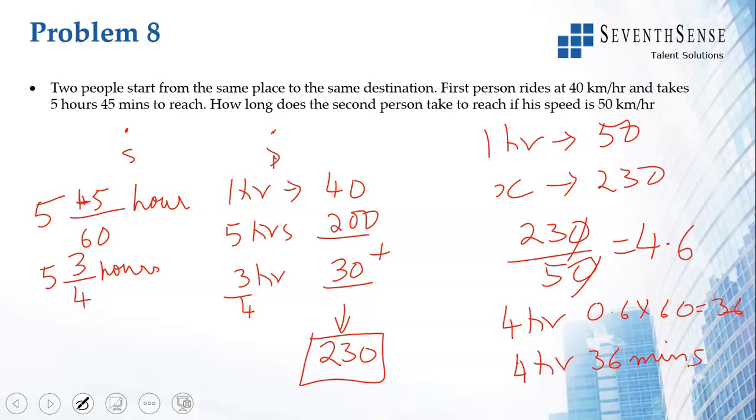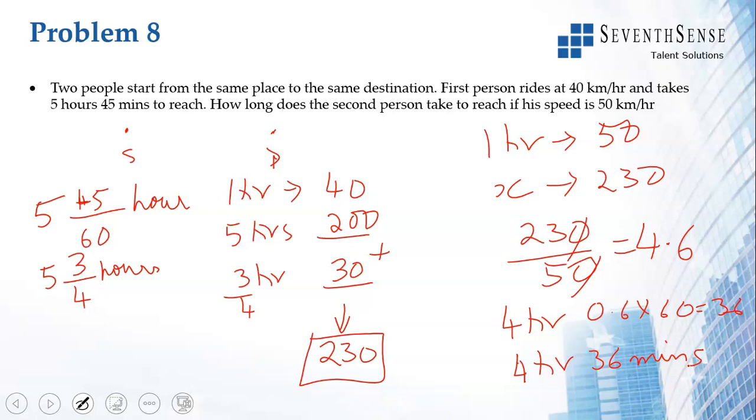Why am I multiplying by 60? Let us say it was 4.5 hours. If it was 4.5 hours, how would you write it? Would you write 4 hours 50 minutes? That is wrong. If it is 4.5, you say 4 hours plus 0.5 into 60, which is 30. 4.5 hours is 4 hours 30 minutes, right? That we understand, because 0.5 hour is half an hour, which is 30 minutes.